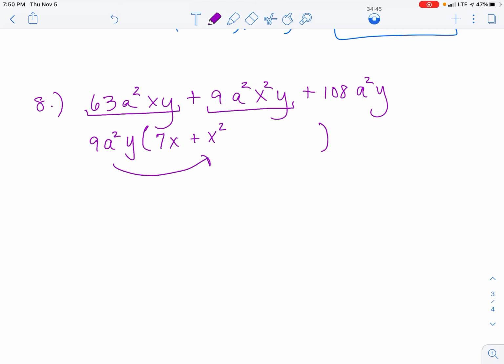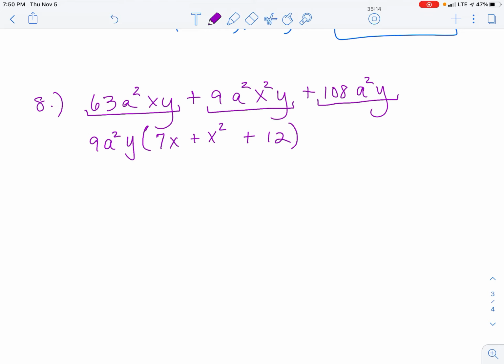So if I redistributed this, I would have 9a squared x squared y. So that gets me back to that second term. What about the third one? Looks like if I just multiply it by a 12, and that's it, because that would give me 108a squared y. So that takes me back to my original term. So there, we've successfully done factoring.